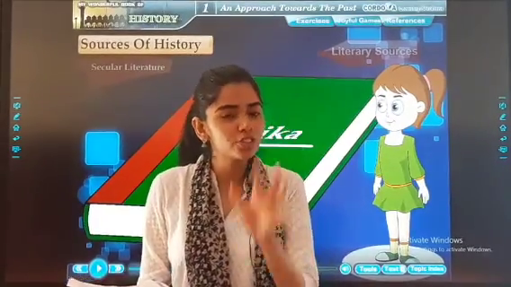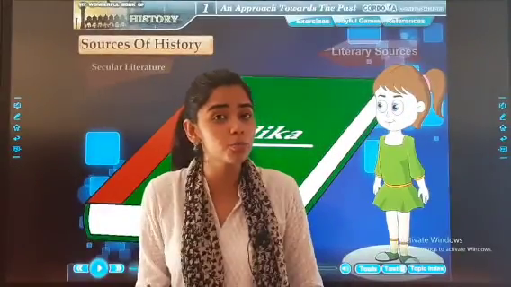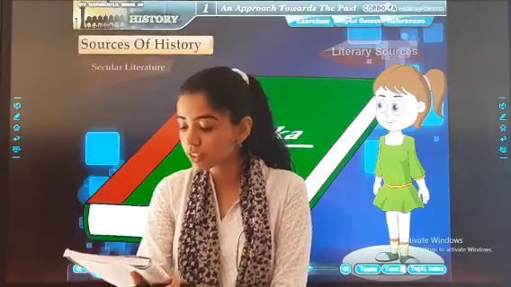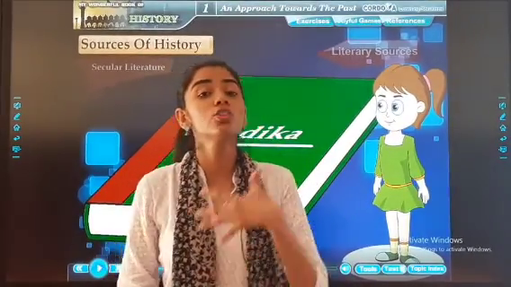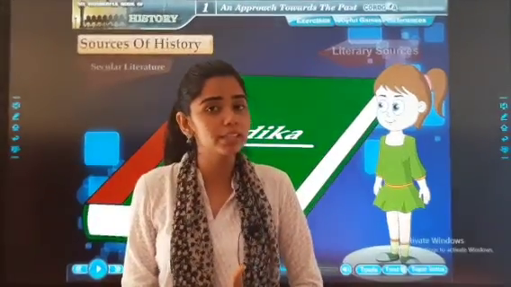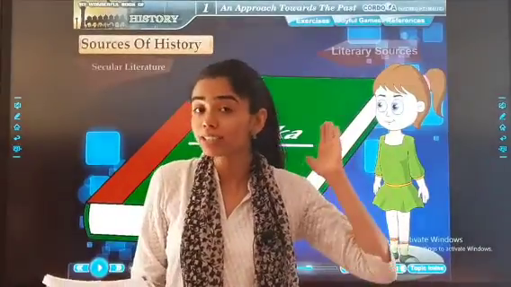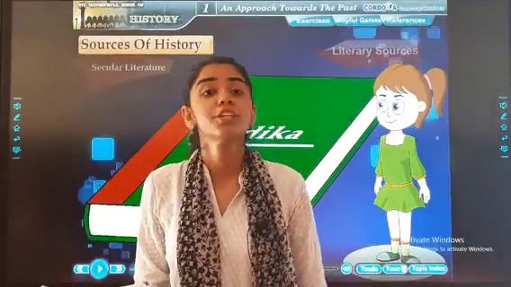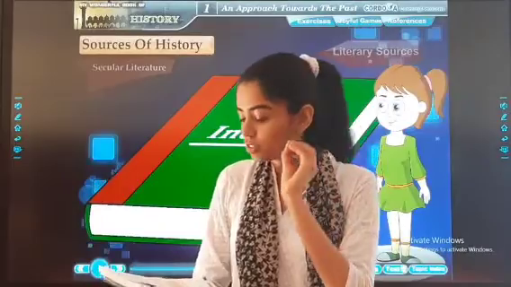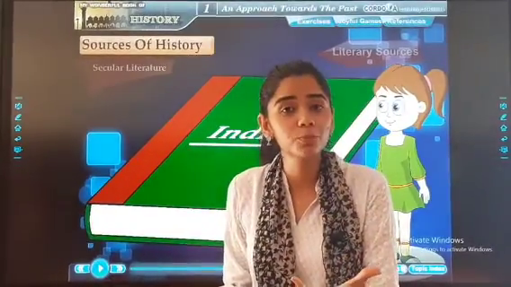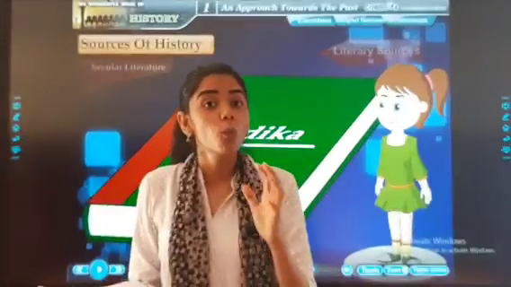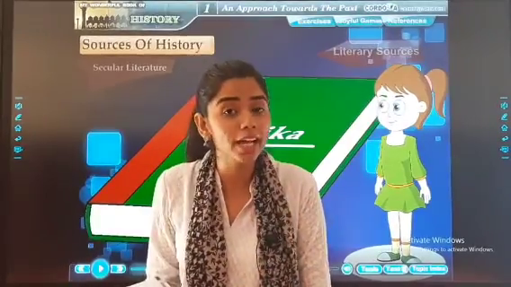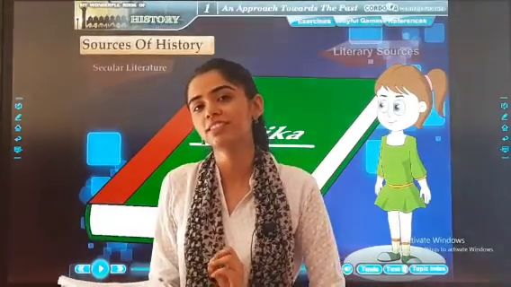Now see children, here they are talking about Kautilya's Arthashastra. It is an extremely important book about how to run the government. At that time the government was different. There were kings, and people used to refer to this book so that they knew exactly how to run the government.